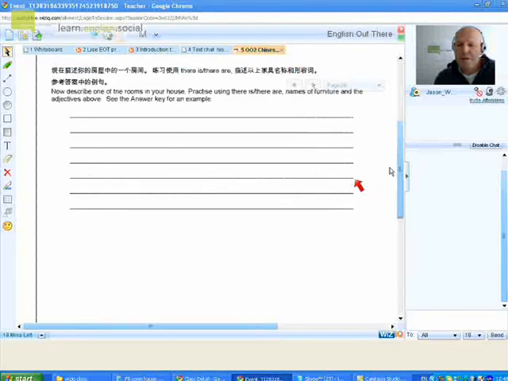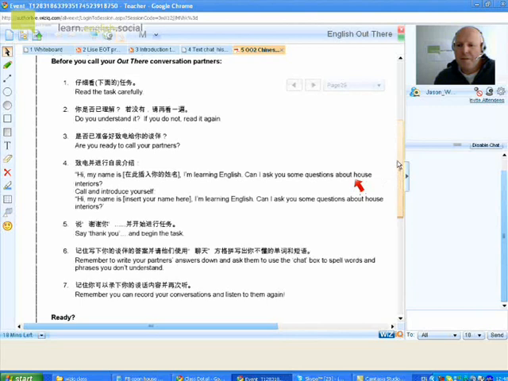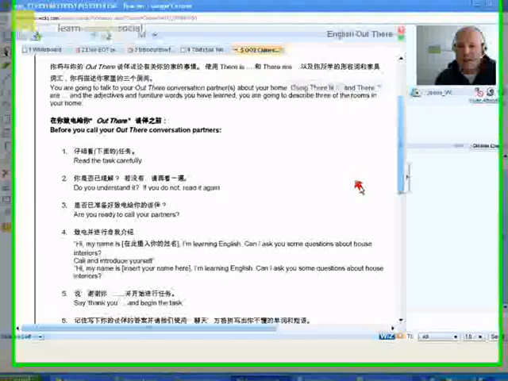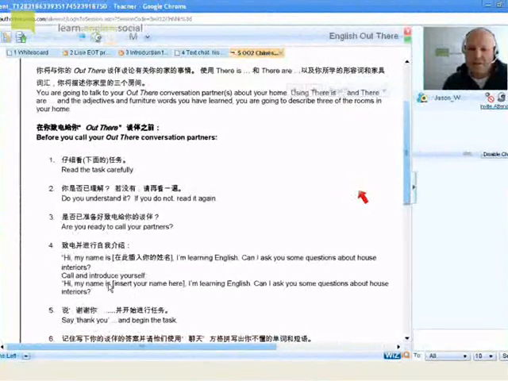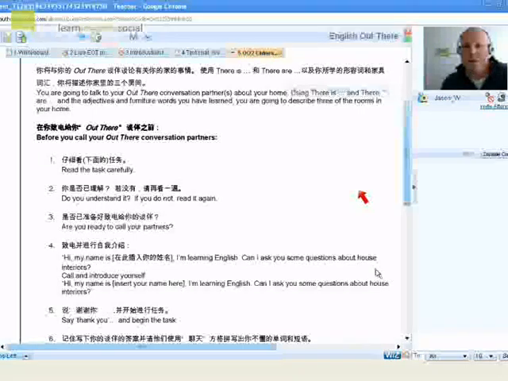You'll see here it's all clearly explained in English and Chinese. And then she said, "Hi, my name is... I think her name was Belinda. I'm learning English. Can I ask you some questions about house interiors?" So then she goes on to practice the language from the lesson.